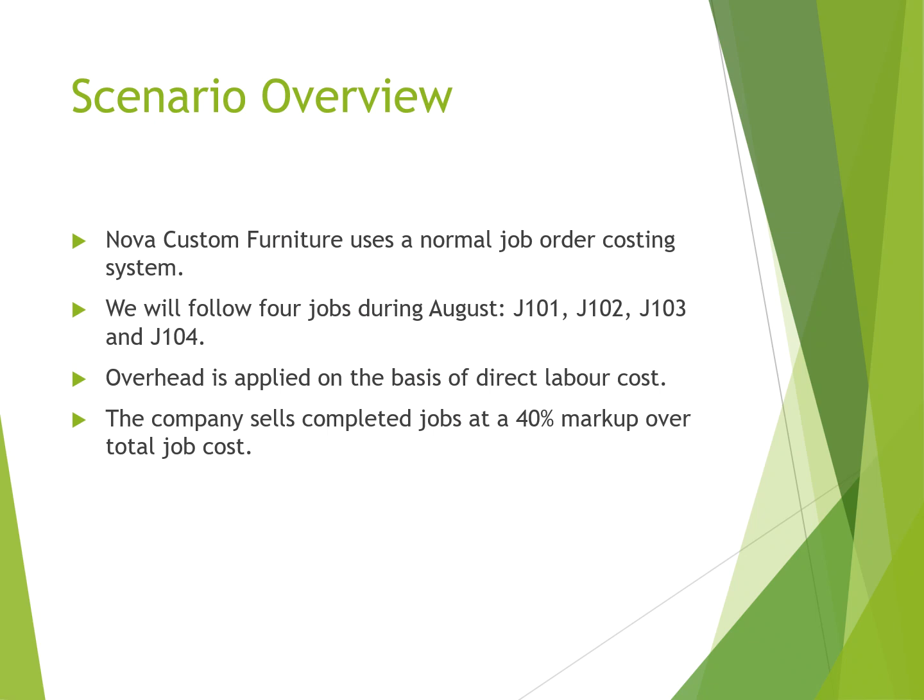Overhead is applied based on direct labor cost and the company sells completed jobs at a 40% markup over total job cost. So our goal is to track the costs for these jobs and see where they end up: work in process, finished goods, or cost of goods sold.